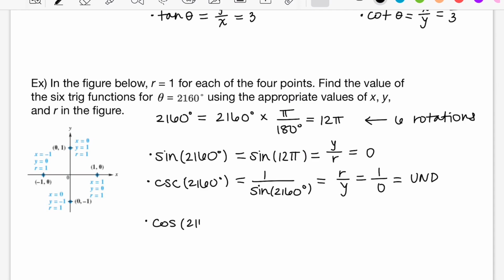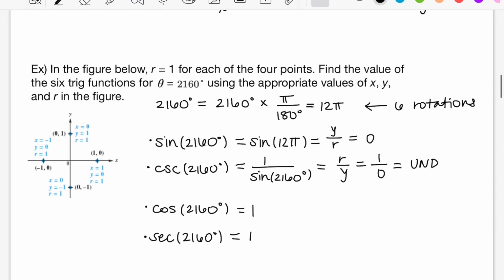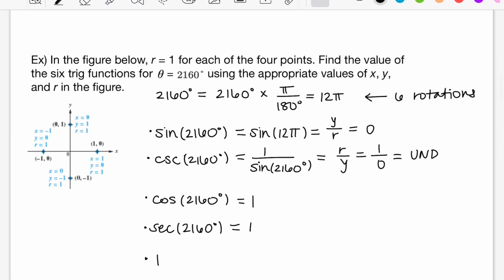Now for cosine, this is going to be x over r. x is equal to 1 and r is equal to 1, so we'll just get 1 here. So this tells us that secant then is also just going to be 1. Now for tangent, this will be equal to y over x.